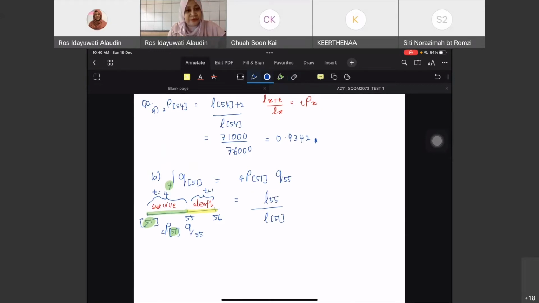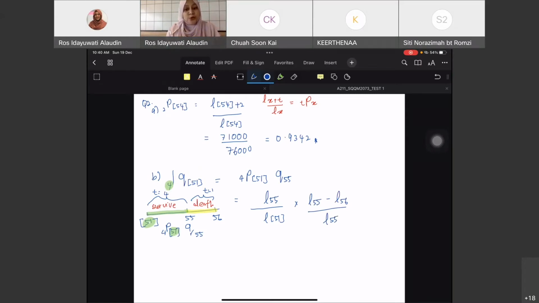So now you can put it as l55. Okay, l55. Why do I write it like this? So you won't get confused. Okay, so for Q it is (lx minus l(x+t)) over lx. So lx is l55 minus l(x+t), which is l56, over l55.